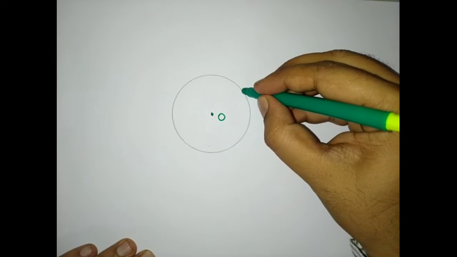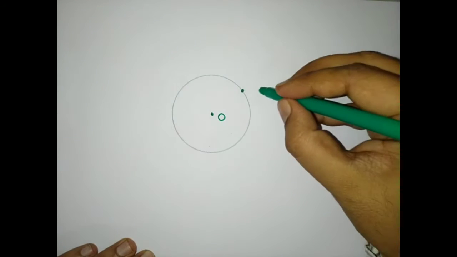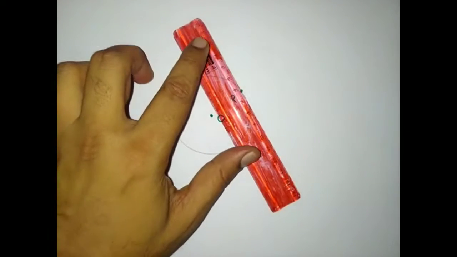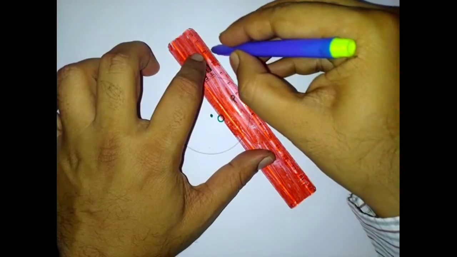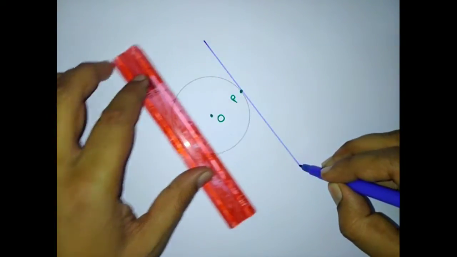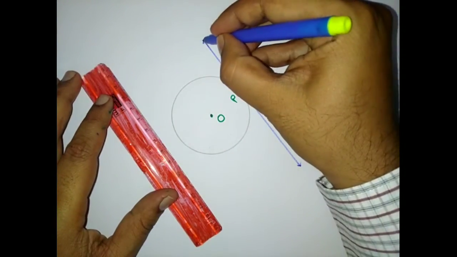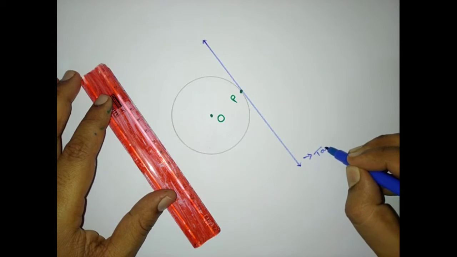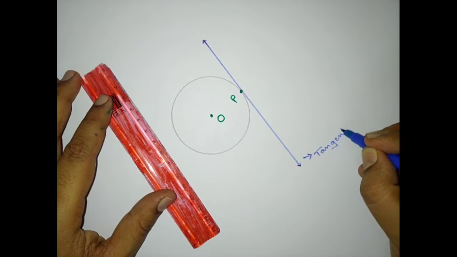Let us come to our first property. In this property, we are going to check that from a single point of contact, how many tangents are possible. So first of all, let us draw a tangent. We are given a circle with center O and we have drawn a tangent.